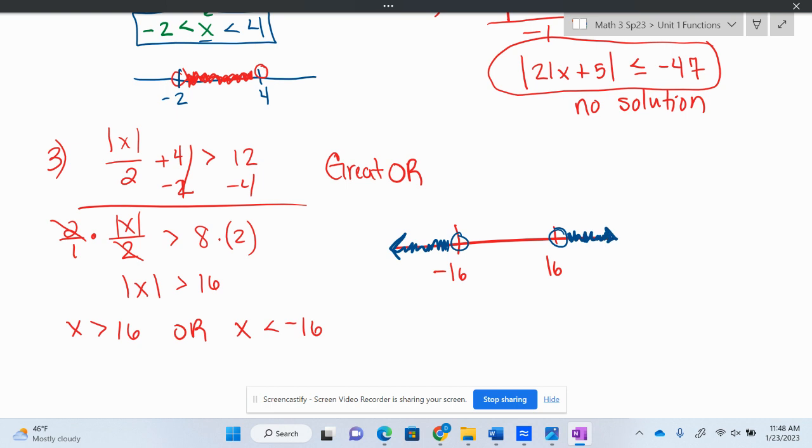So if it's an or, they go in opposite directions. Ands go together, ors go apart. That's why you need to know when you first start, should your solutions give you an or, because it's a great or when you started, or an and, because it's a less than. Does that make sense? Is that better than looking at that yellow sheet and trying to decide what the heck it's saying? Okay.